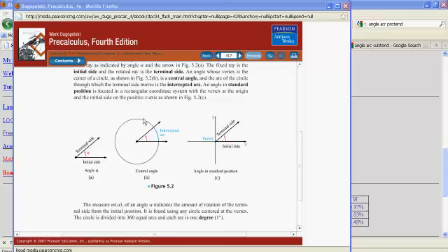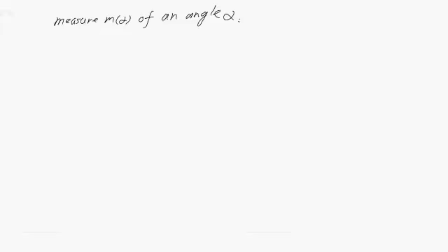So now, how do we measure this rotation? We may divide a circle into 360 equal arcs. So we just divide a circle into 360 equal arcs.